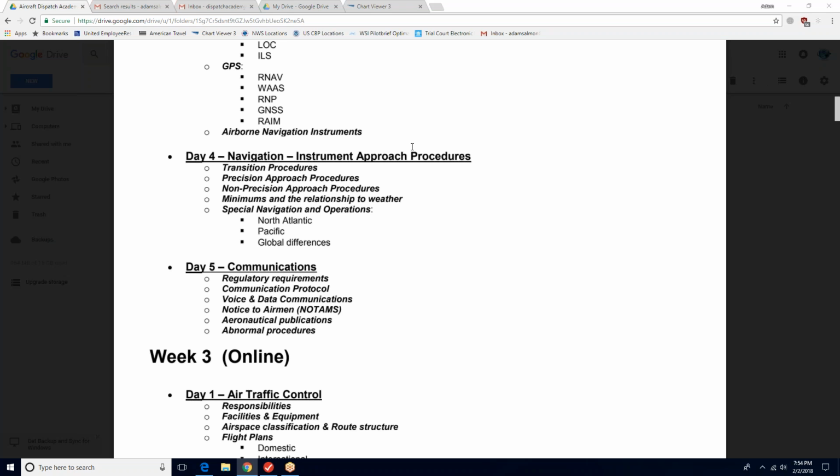And so there are several different SIDs, and I'll bring some up. We can take a look at them if you guys want to review it a little bit. But basically, SIDs take the traffic as soon as they take off the runway. They're assigned a SID path.